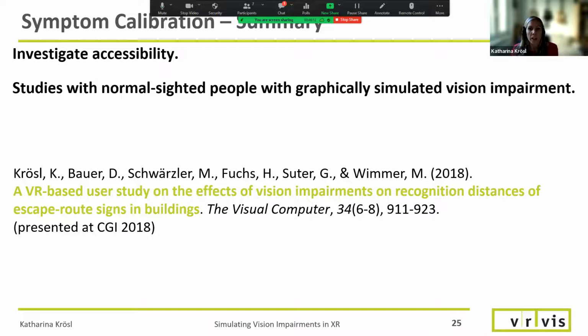So now we can simulate and calibrate symptoms such as reduced visual acuity or reduced contrast. And you could also use this methodology to calibrate other symptoms. But in order to understand the impact of not just a single symptom, but disease patterns on perception, we need to be able to simulate these whole disease patterns that consist of multiple symptoms.